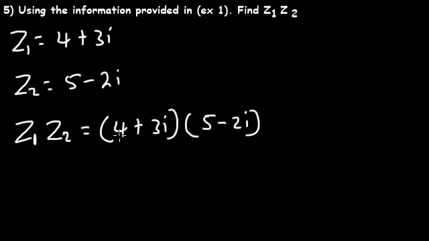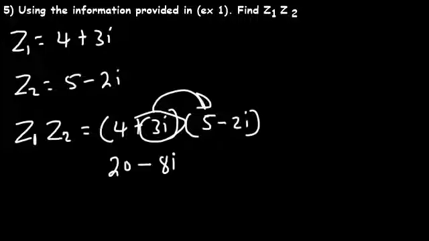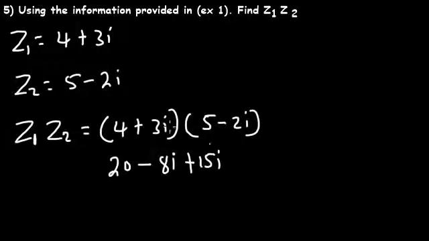So let's do that. 4 times 5 gives us 20. Then we do the other one: 4 times negative 2i, we have negative 8i. Now positive 3i times 5 gives us positive 15i. And finally, positive 3i times negative 2i.